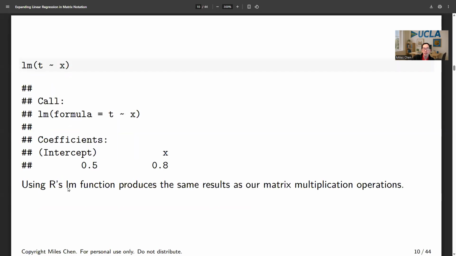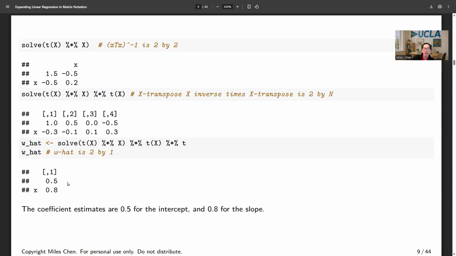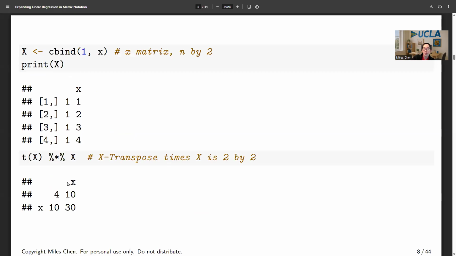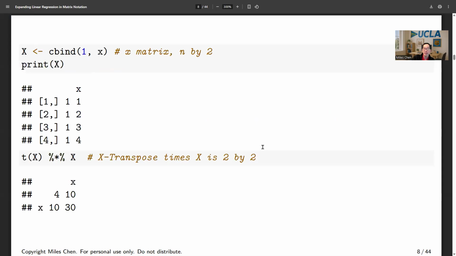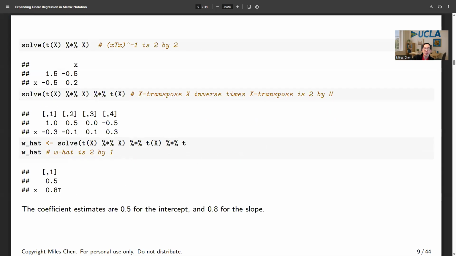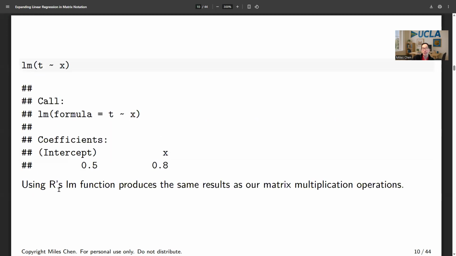Okay, 0.5 and 0.8. And so, performing our matrix operations, X transpose X inverse, X transpose T, gives me an intercept of 0.5 and a slope of 0.8. No surprise, if I asked R to fit a linear model where I say predict T based on X, R comes back and says, yeah, your intercept is going to be 0.5 and your slope is 0.8.